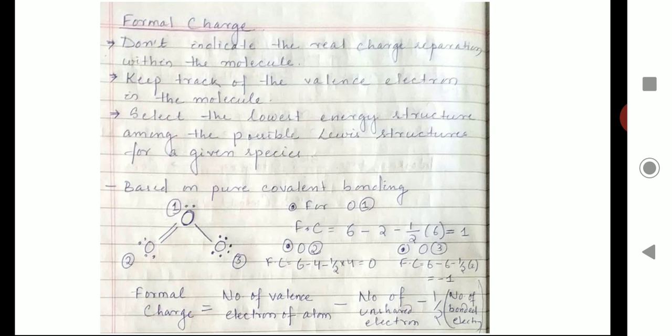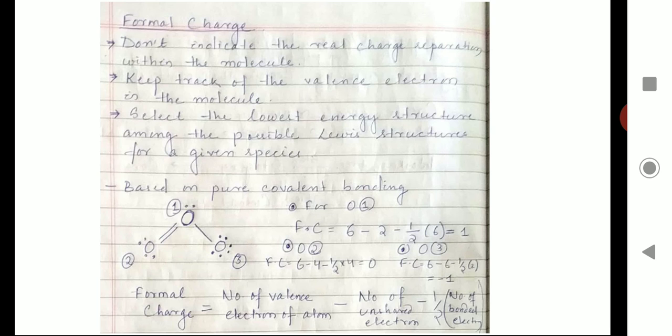Here, when we consider covalent bonding, the formal charge formula is the number of valence electrons of the atom, minus the number of unshared electrons, subtracted by half of the number of bonded electrons.